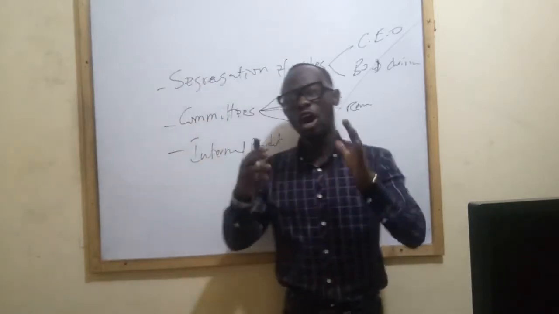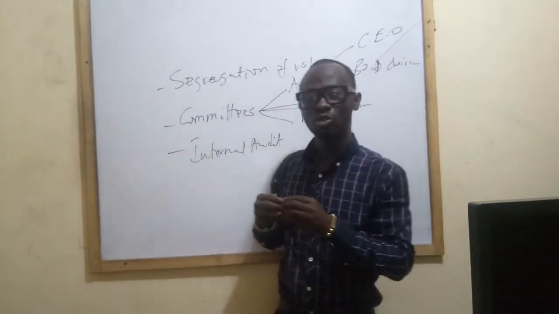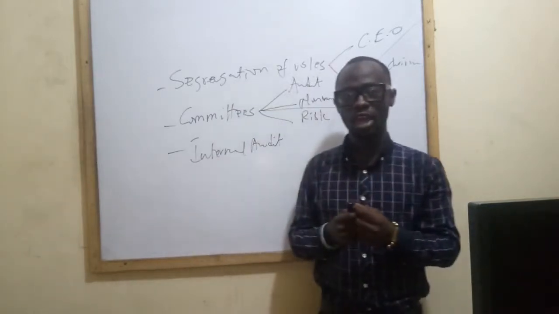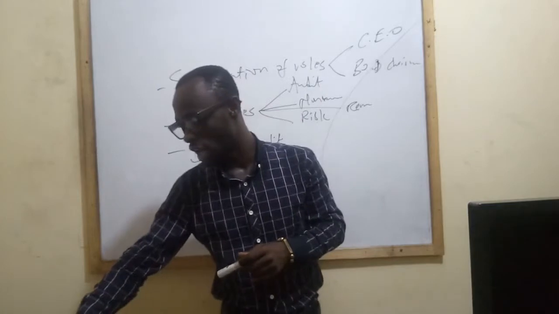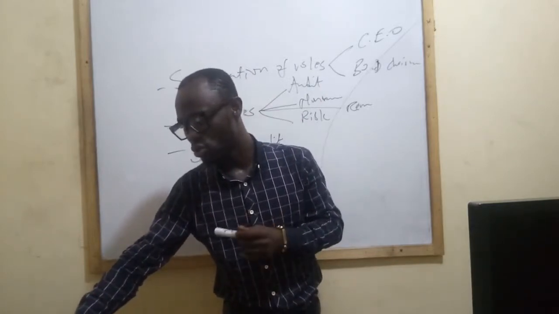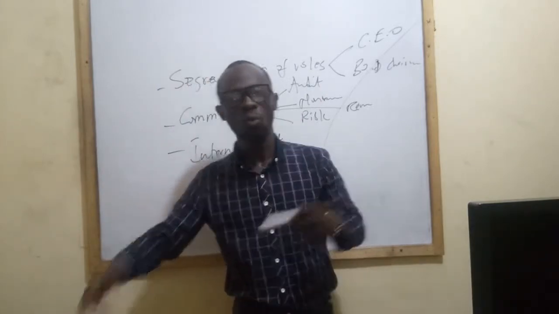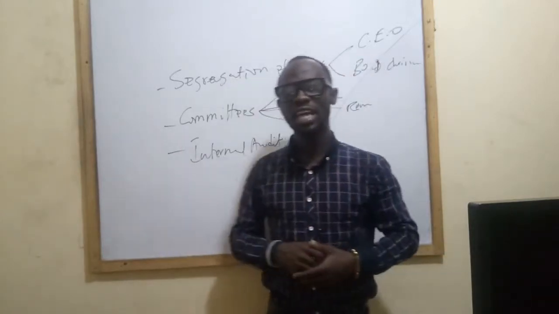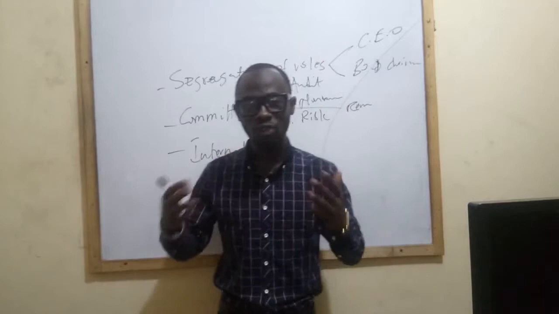Now, the audit report is usually given to the management of the organization and to the audit committee of the organization, so that they can go through it and see what the internal audit department has done and the various findings that the internal audit department found.